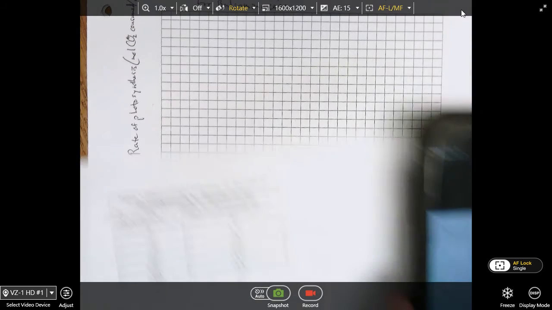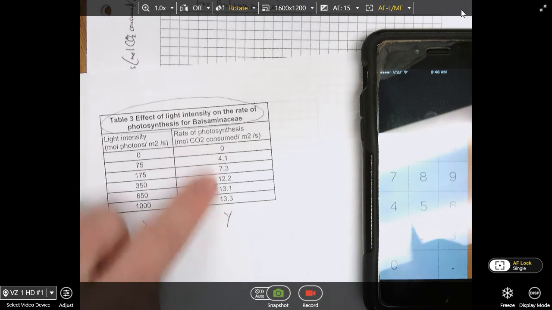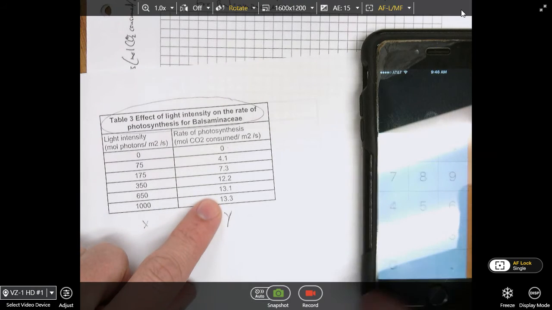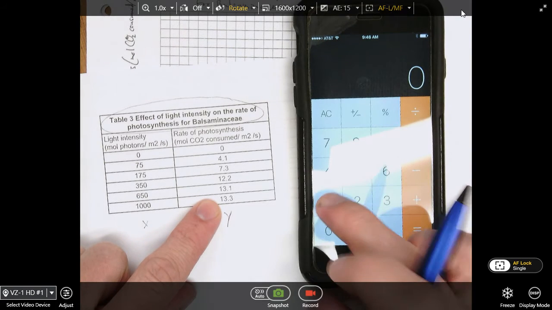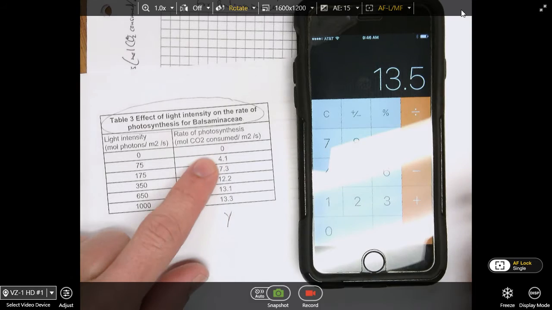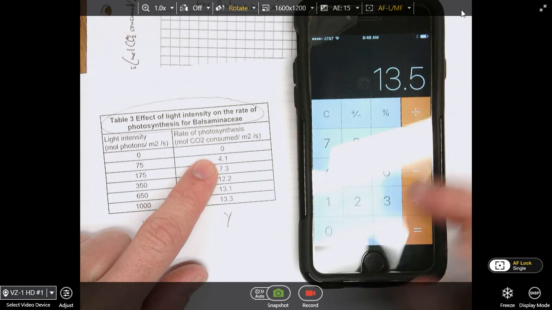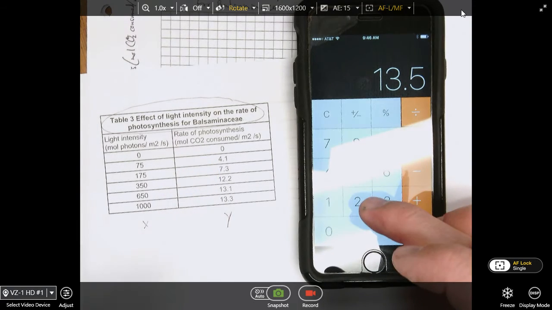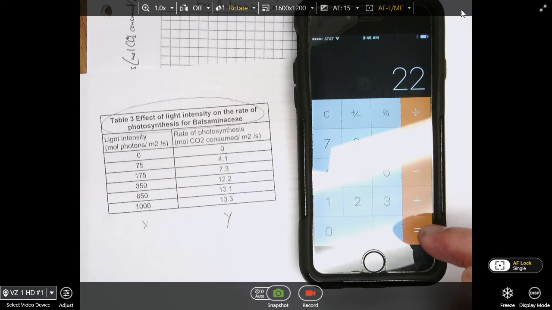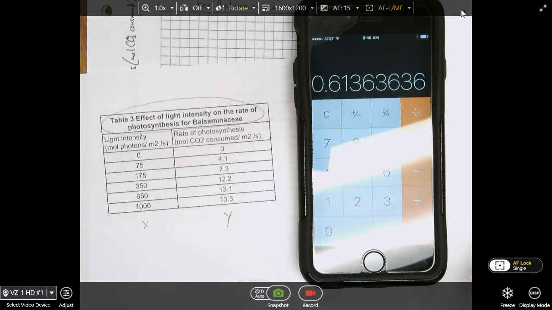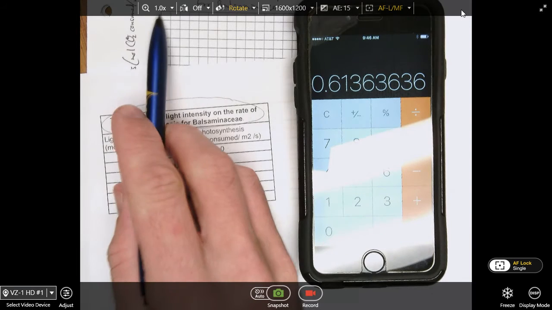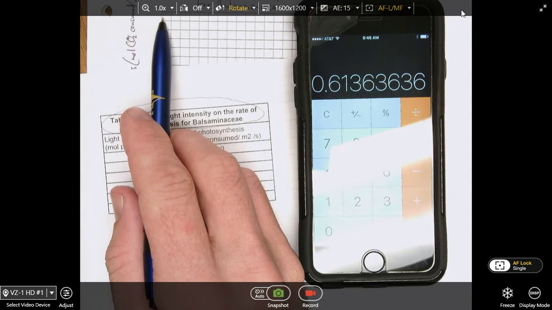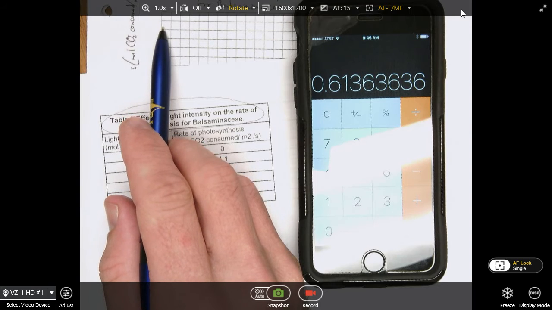So what is the number I need to spread? 13.5, I'm rounding up, and dividing by 22 would give me 0.6136. Okay, so with this, every box should be around 0.6.